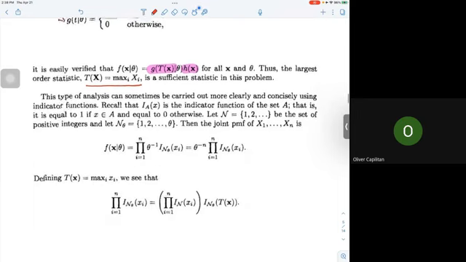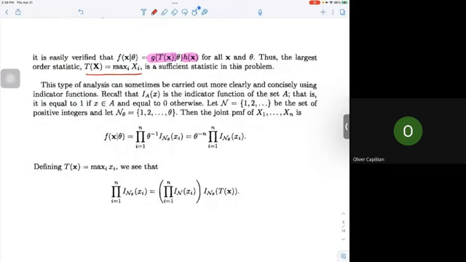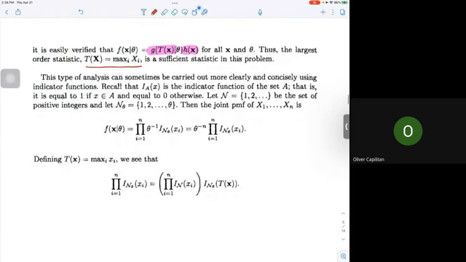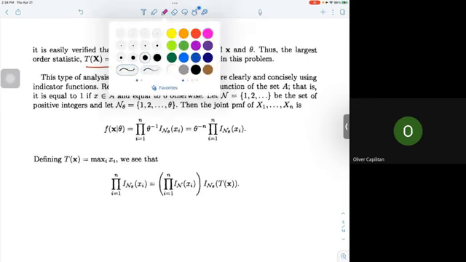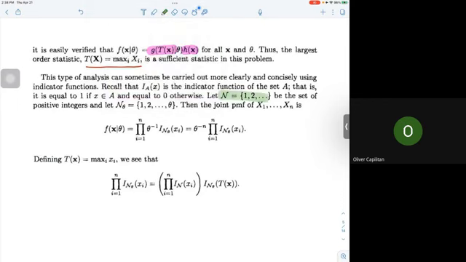So this type of analysis can sometimes be carried out more clearly and concisely using the indicator function. Okay, so we let this script N as this set 1, 2, and so on and so forth, set of positive integers, and the script N sub theta will be this given set.